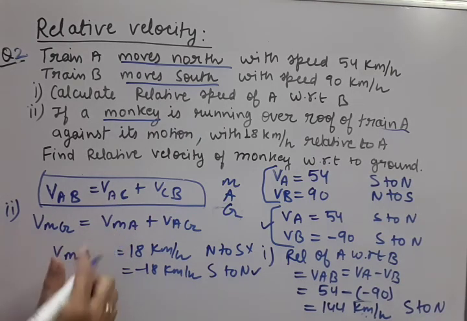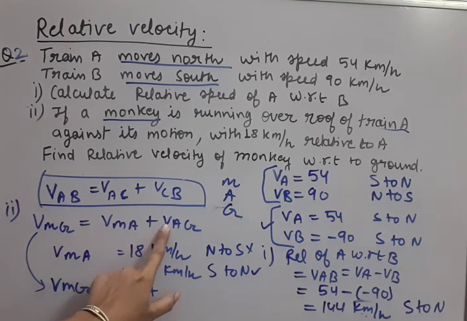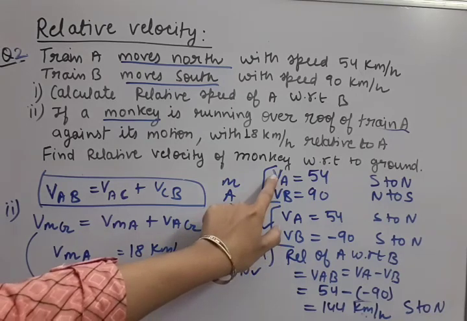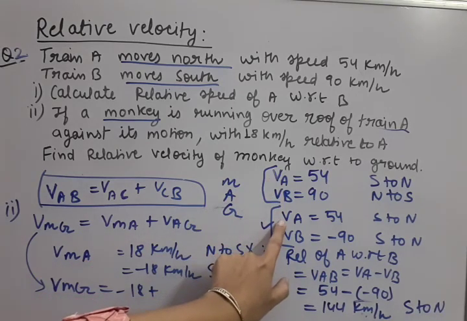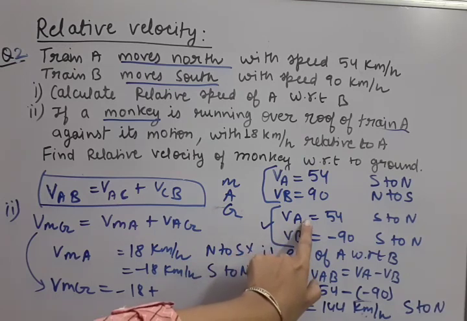Let us start substituting. We were finding VMG. VMA is minus 18, because we have to solve the question in the south to north direction. The second data is VAG, the velocity of A with respect to ground. Now this VA is the velocity of A with respect to ground only. If nothing is written at the second place, it means ground only.